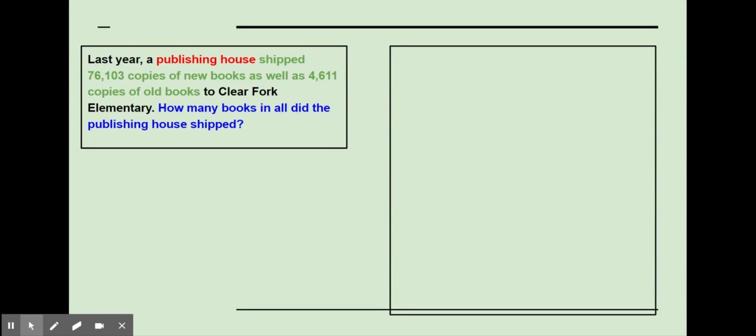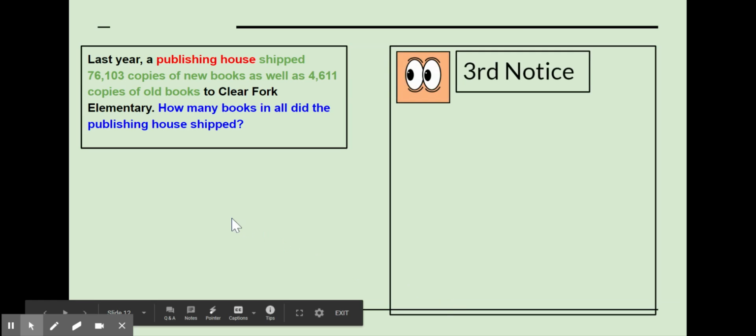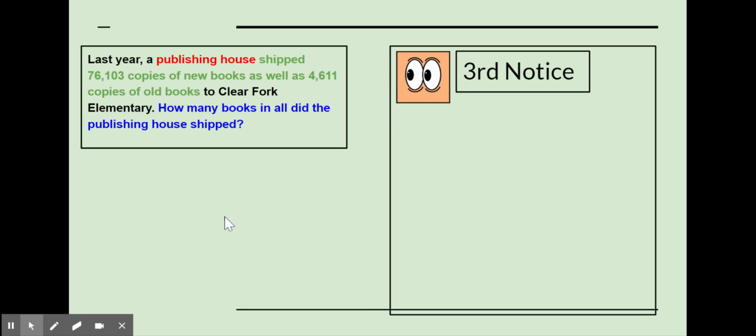Okay, now we're going to move on to our third look, or our third read through. Last year, a publishing house shipped 76,103 copies of new books, as well as 4,611 copies of old books to Clear Fork Elementary. How many books in all did the publishing house ship?